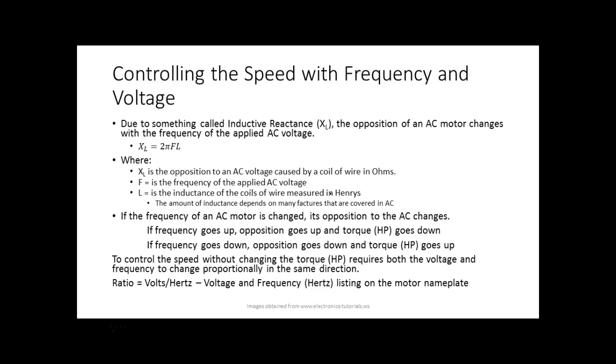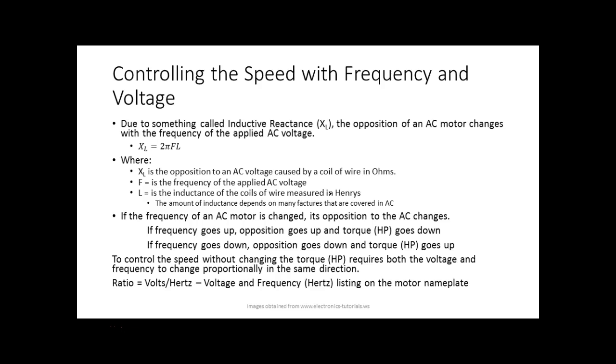If the frequency of the AC motor changes, its opposition to the AC changes. If the frequency goes up, the opposition goes up, the motor's torque would go down, so the motor could actually stall. If frequency goes down, opposition goes down, and torque goes up. Now we're going to create more torque than is required to run the load, and the motor could overspeed.